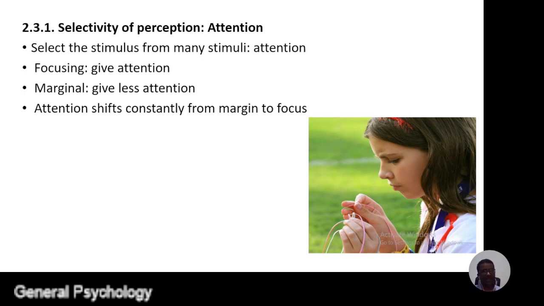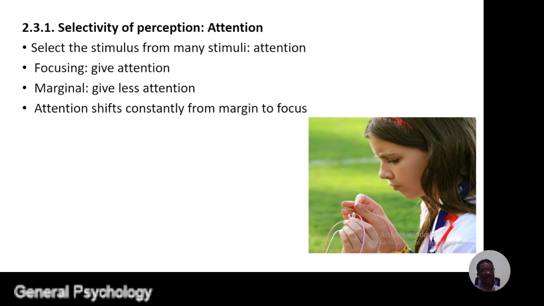Selective perception is a type of perception in which an individual gives special attention or special focus, to give special meaning to a particular object. So we select the stimulus from many stimuli in our environment. In our mind, we have infinite information.